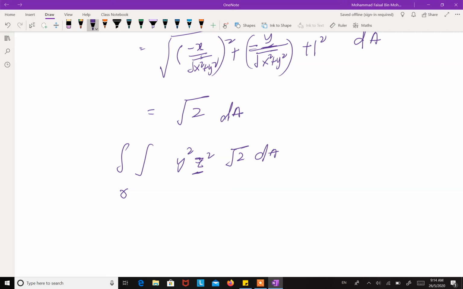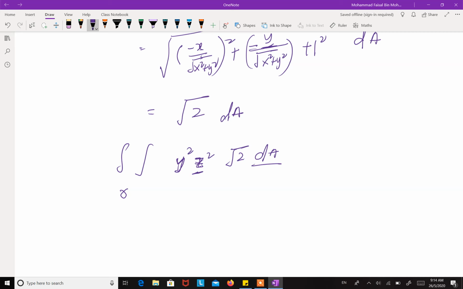Okay, remember, because I have chosen the region dx dy or dy dx in xy plane, so I have to substitute this z in terms of x and y. So we know that this is a double integral at xy plane.